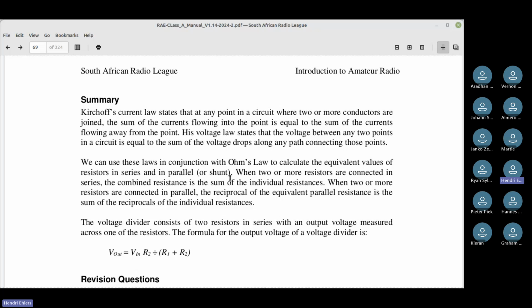So that's basically what I explained just now: if you add the voltage drops all together, you get the same voltage you applied. And if you add all the currents together, you should also get the total current of your circuit.